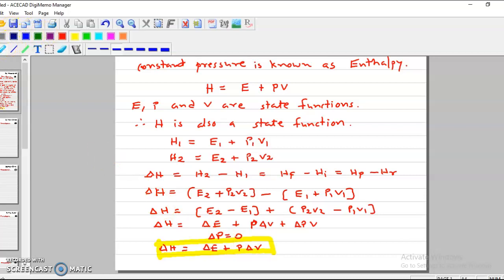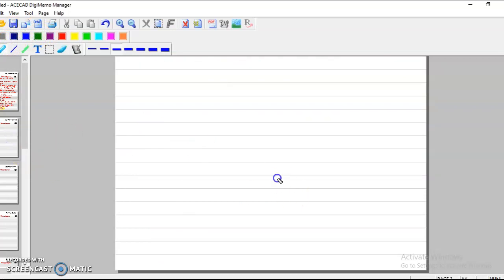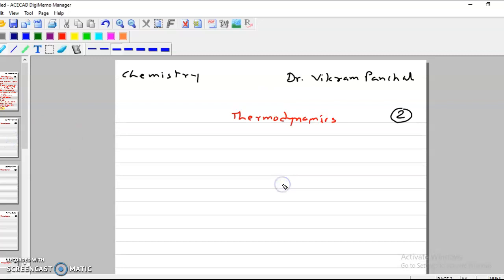Okay, so you know that delta E is equal to Q minus W according to first law of thermodynamics.